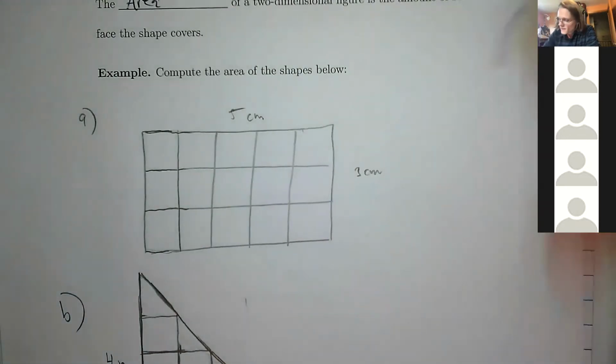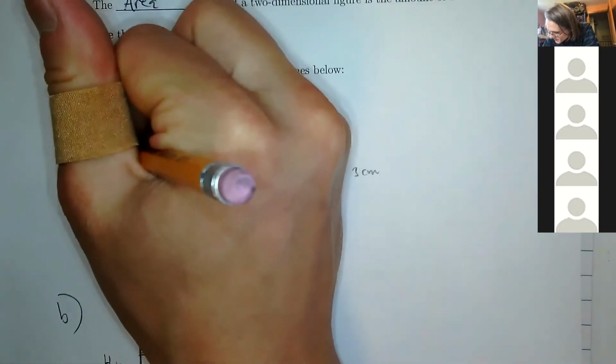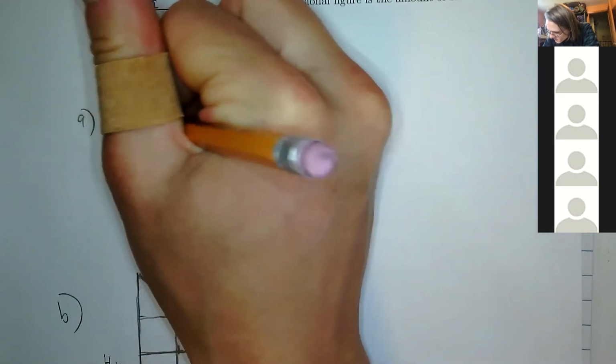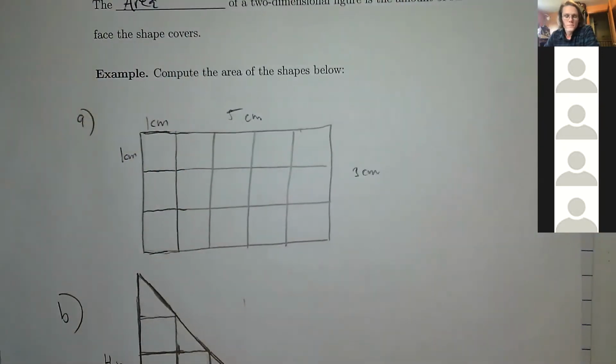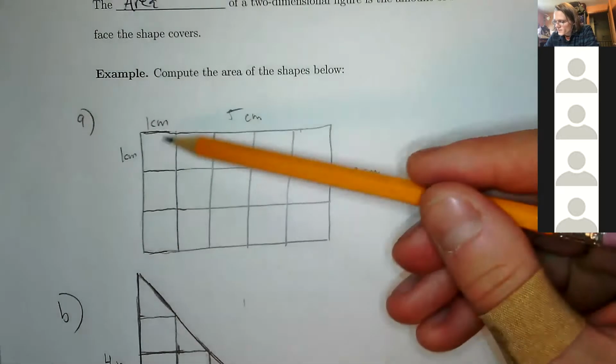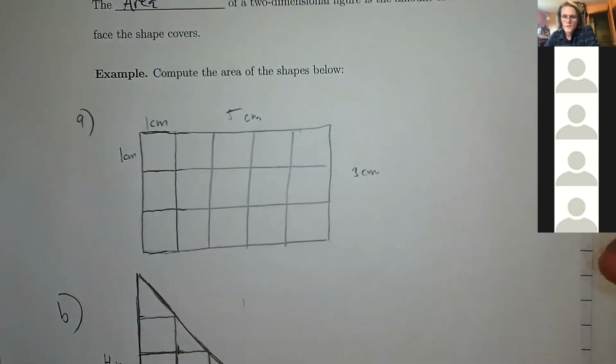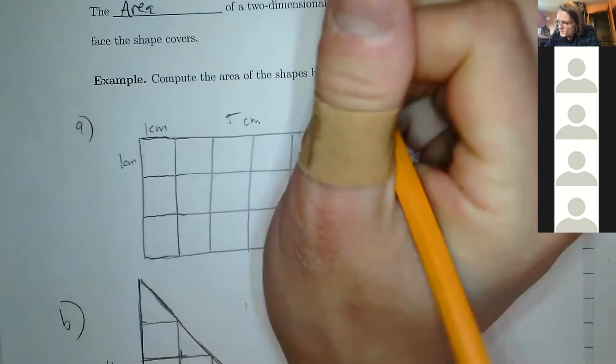So if each block is 1 centimeter by 1 centimeter, how much area does each block take up? We haven't really talked about area for any object. It's going to be 1 centimeter squared. So basically the idea is that it's a square.